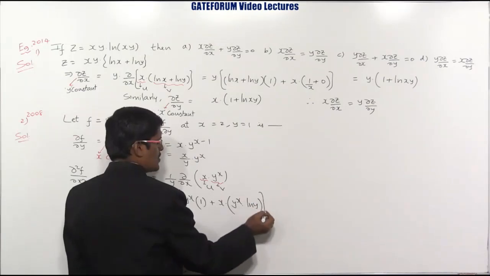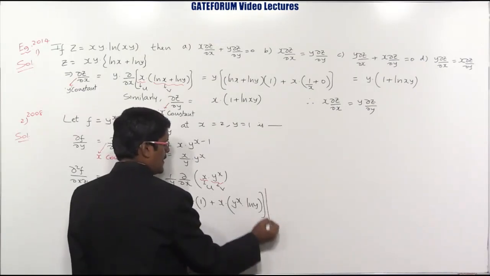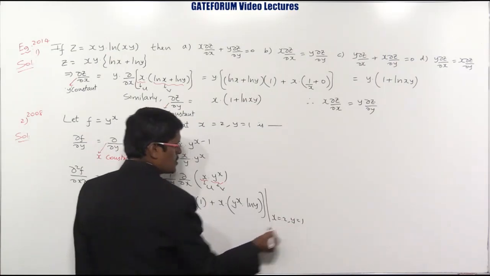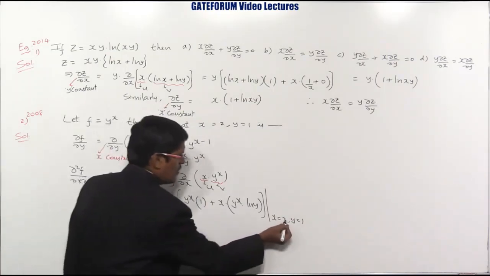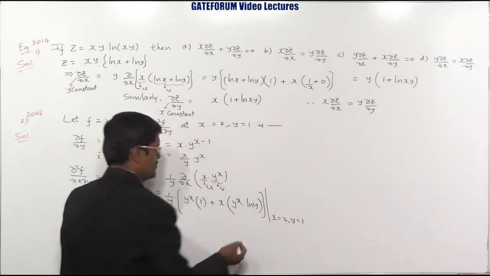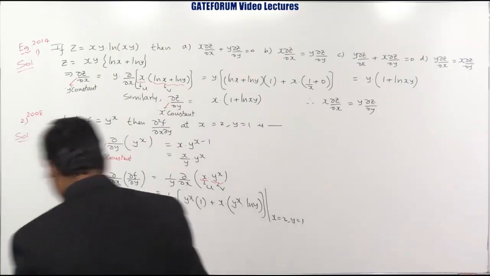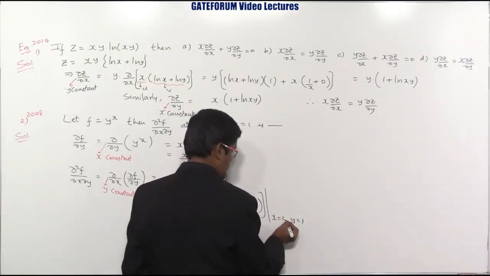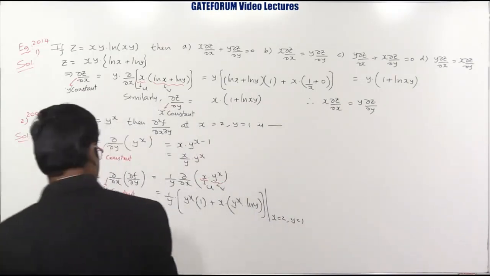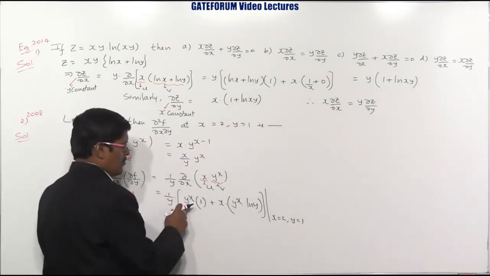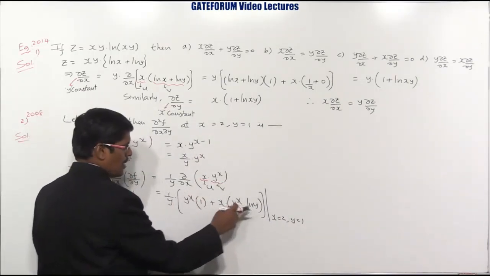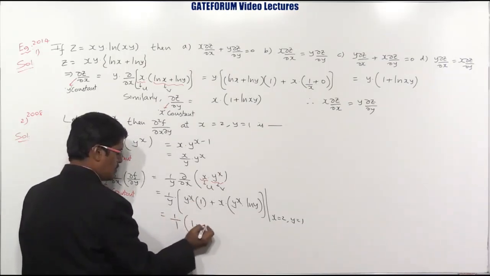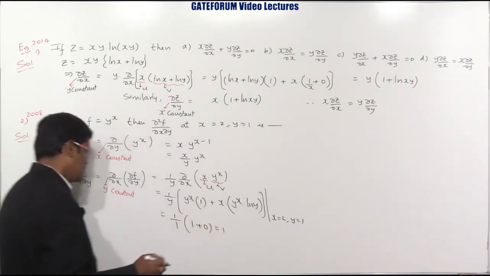Then they are asking at x = 2, y = 1. That means substitute x value 2 and y value 1. Okay. 1 power any number is 1, and log y value, that means log 1, is 0. So 1 by 1 into (1 plus 0), finally it is 1.